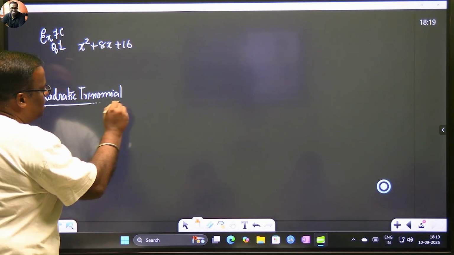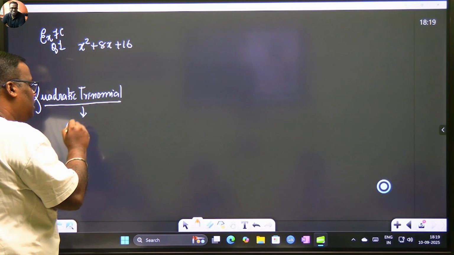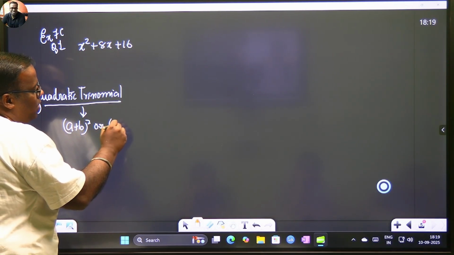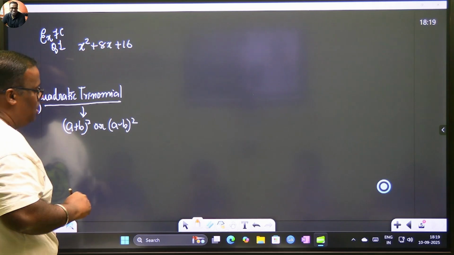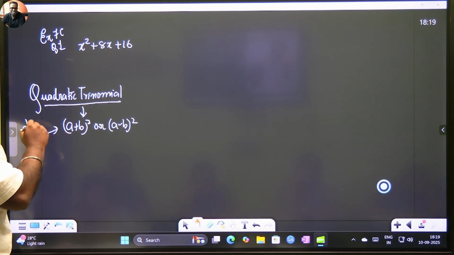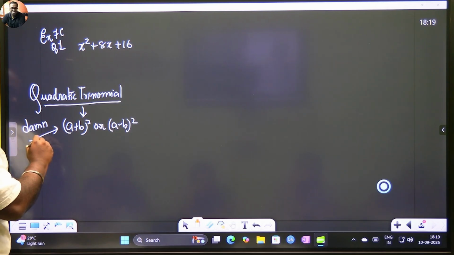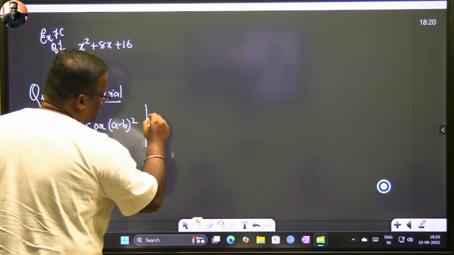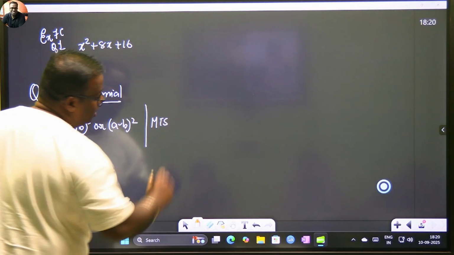Quadratic trinomials can be factorized in either a plus b whole square format or a minus b whole square format. But only a very small fraction, if you are damn lucky, will you get a question which can be factorized like this. Usually the majority cannot be factorized in this manner. So the other option is known as MTS, middle term splitting.